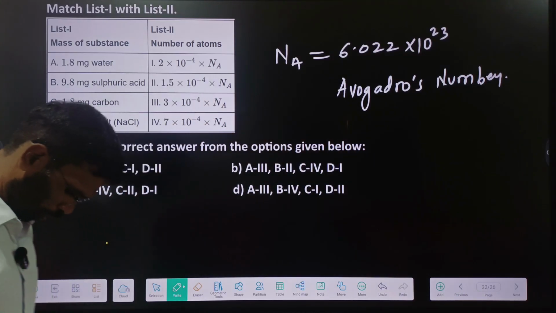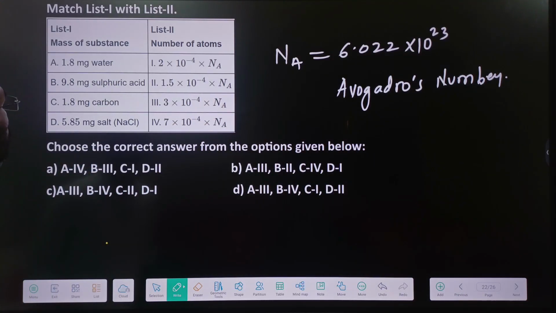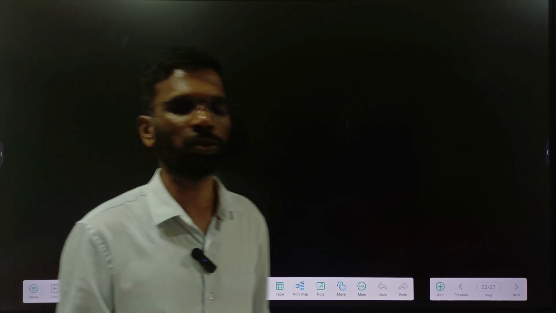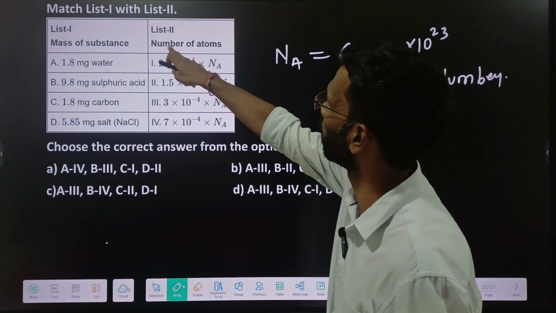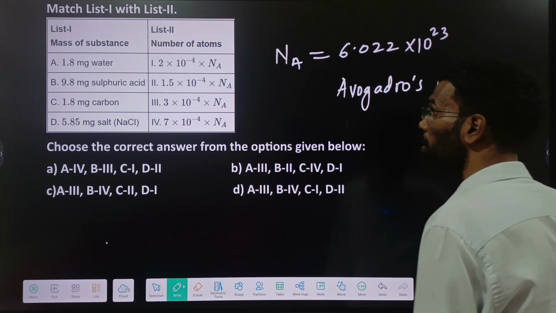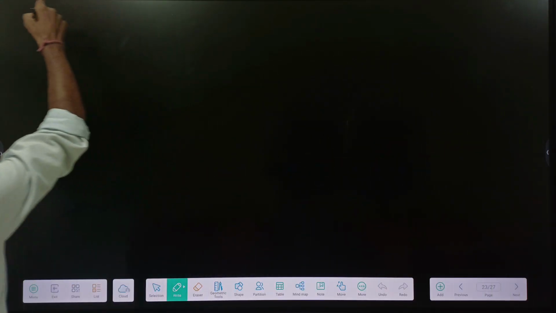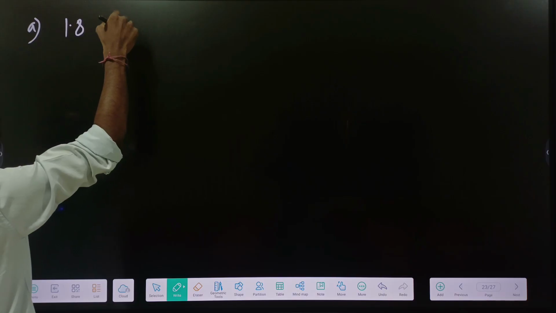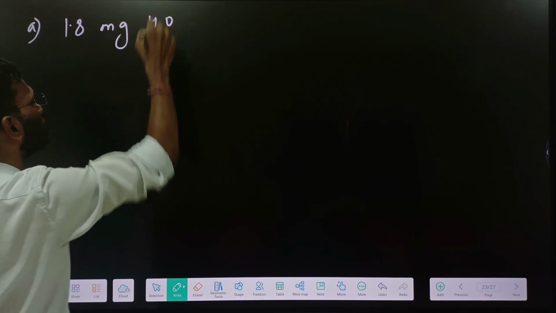Okay, so they have given 1.8 milligram, very simple. The question is not about the molecules. You have to understand over here, they have asked how many atoms will be there, number of atoms, and not about the molecules. So 1.8 milligram, we'll solve the first option A, 1.8 milligram of H2O.